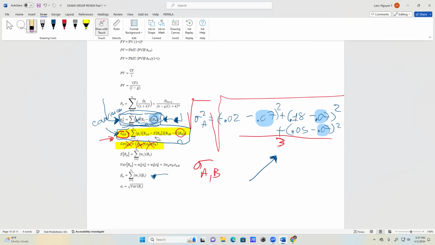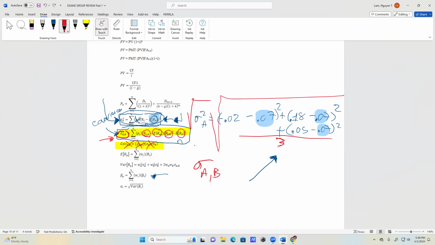One thing you want to watch out for: you see how the thing right here is minus the expected return for that stock, and that thing right here is minus the expected return of that stock. So these two x's right here are not the same.